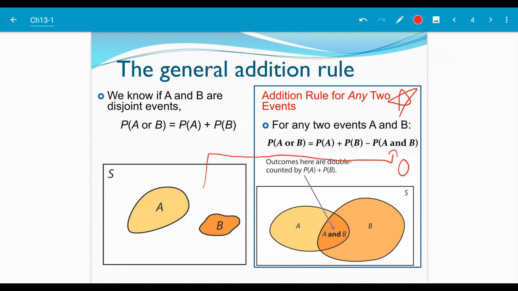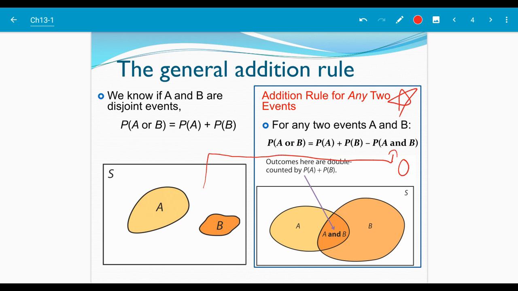So you're subtracting nothing, and it becomes that simple equation that we looked at in our previous lesson. Okay? So this is just a slight adaptation to our addition rule for different events, if they are disjoint or if they are not disjoint. Any questions on that so far?